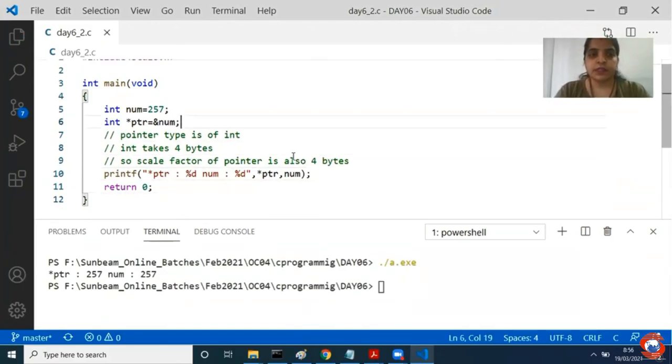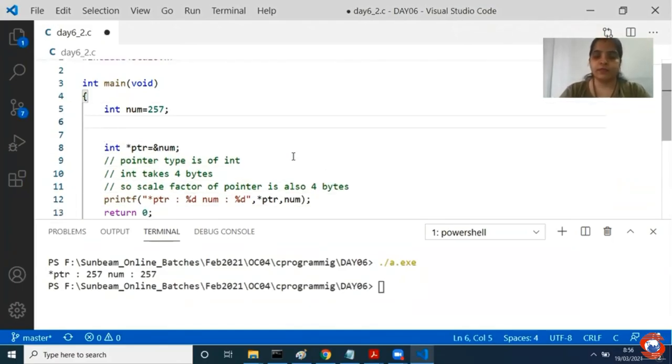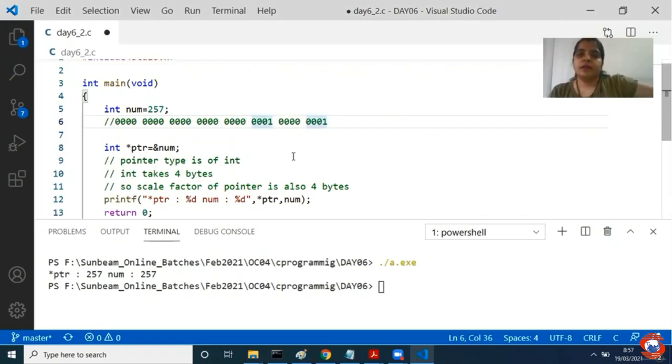What is scale factor? Scale factor is basically, if I try to represent this 257 in the form of binary, can I say this will look like 256 and 257? Can I say this will look like this?